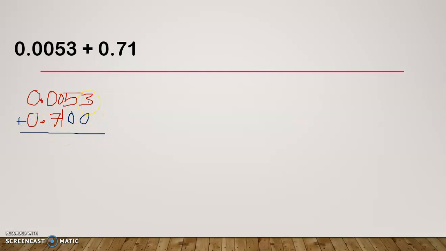So 3, this is 5, this is 1, this is 7. You just have to bring down the decimal point, and 0 plus 0, of course, is 0. So the sum of 53 10,000s and 71 hundreds is 7,153 10,000s.